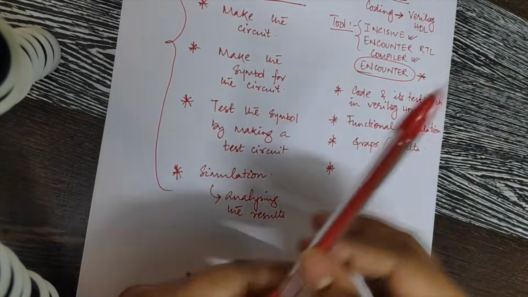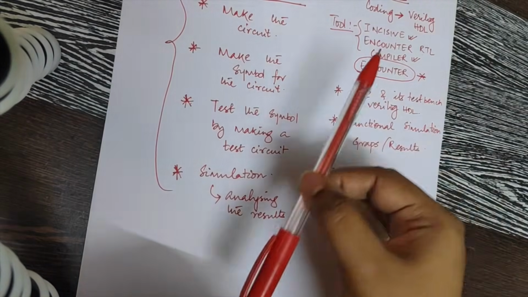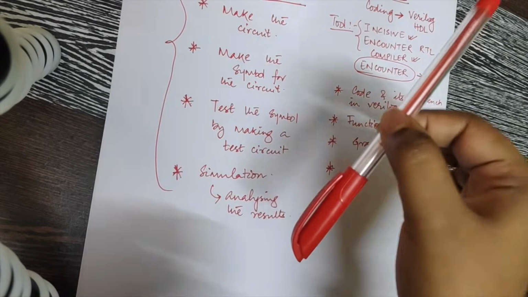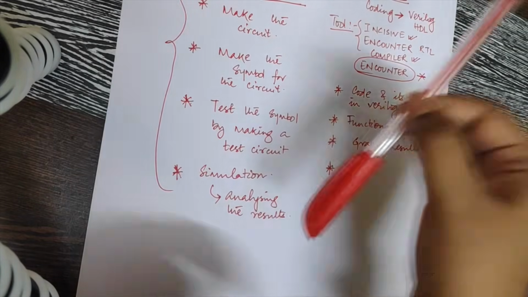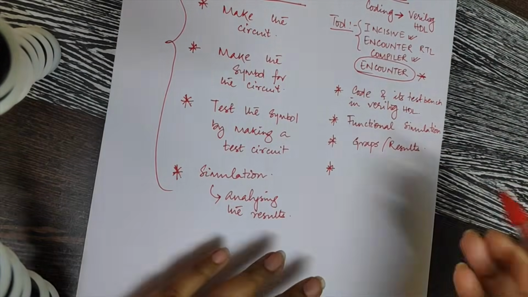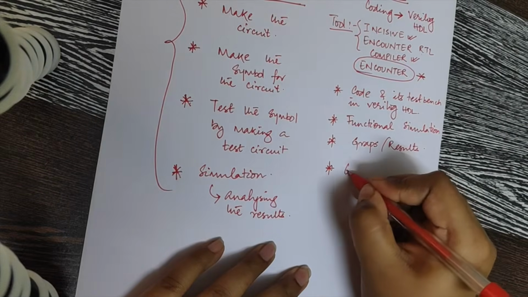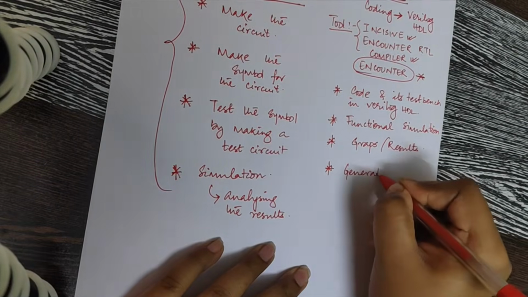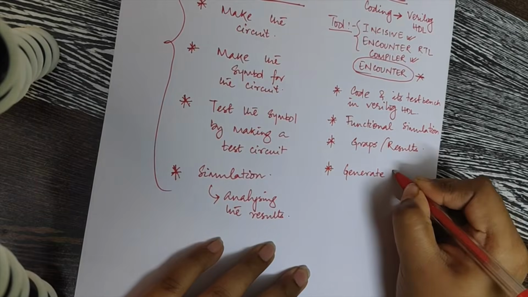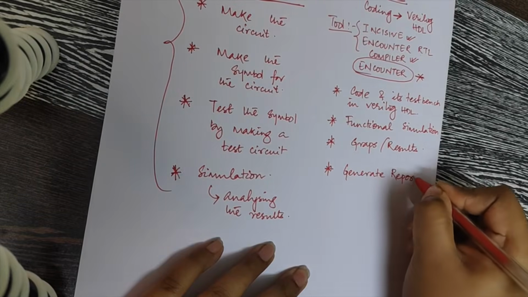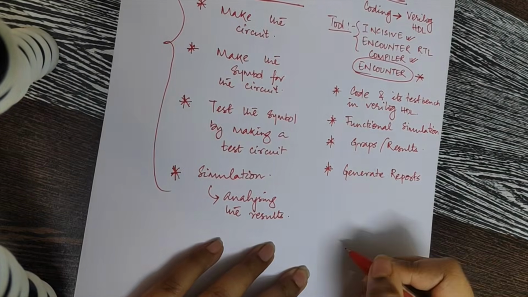Let's suppose I wanted to make a pen and after coding for it I am getting a pen, that means it is correct. After that, we are going to generate reports.